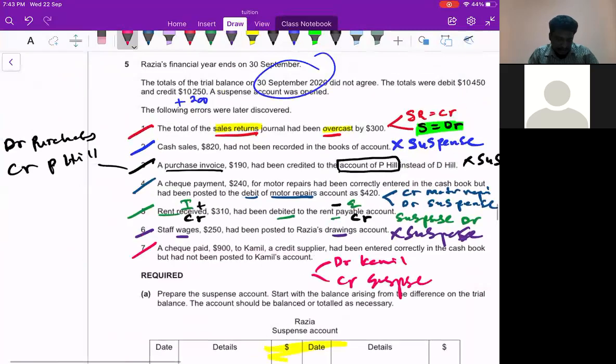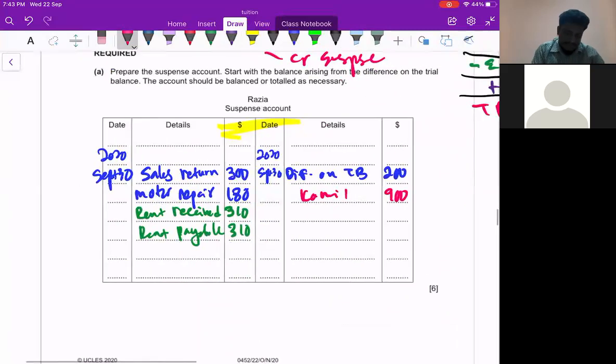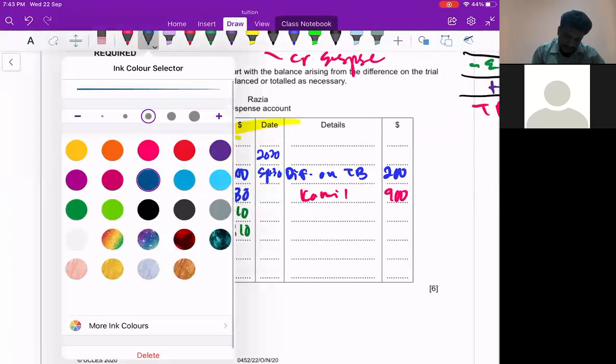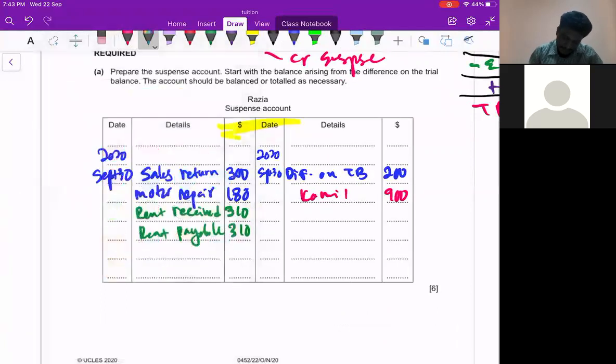So I think I'm done with all the transactions. Just balance up. How to balance up? See the total. My debit side is 300, 180, 310, 310, I get 1100. 200 plus 900, yeah, same, 1100.